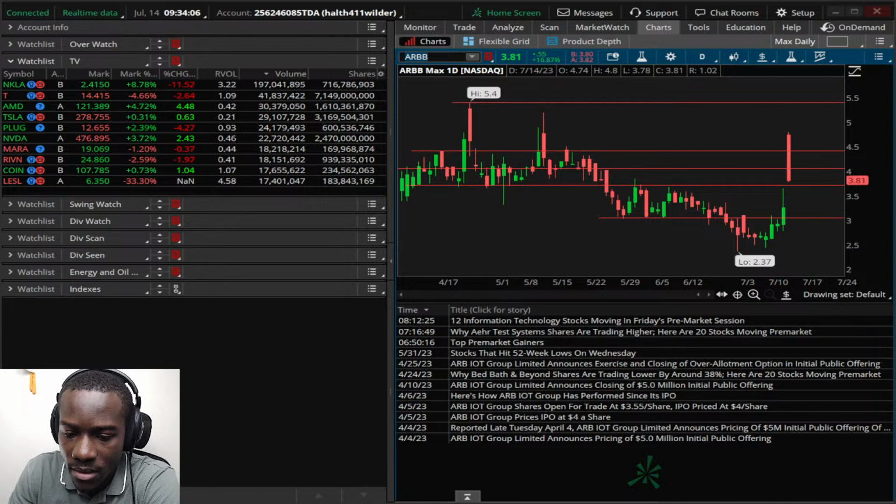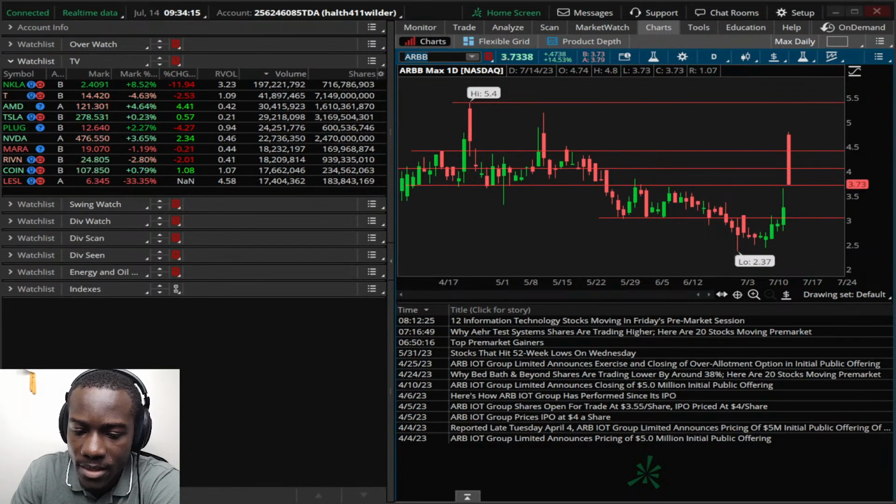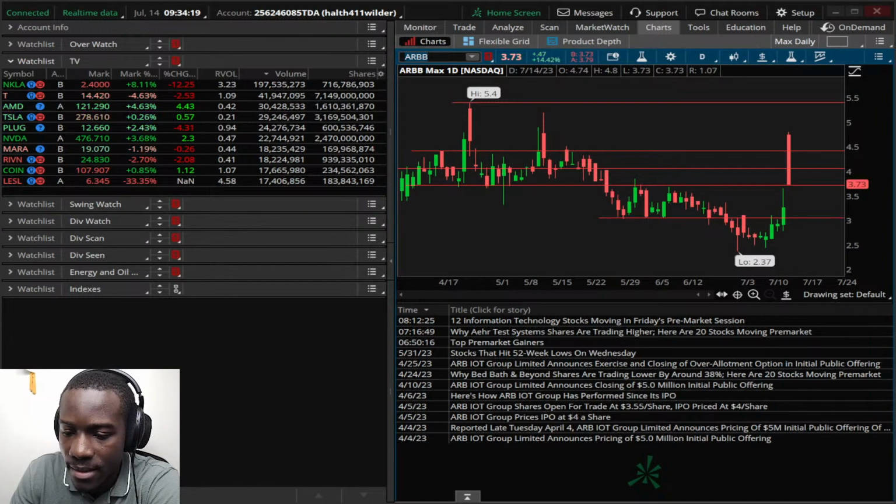Very interesting hitting this level. 240s getting tested. What's the bottom of this? Low of 340, 239s. Are we going to see a break of the 239s? Or are we going to see 41s come back up?